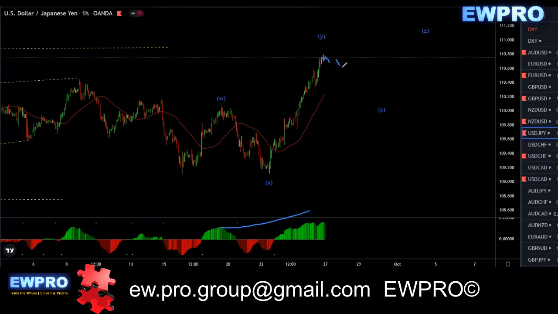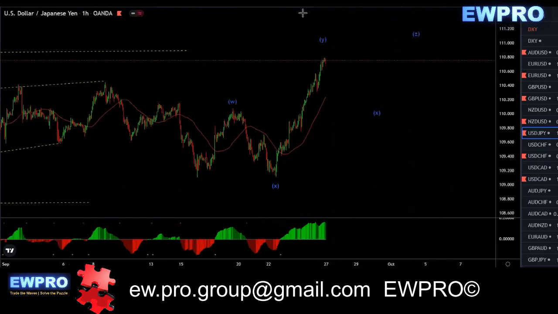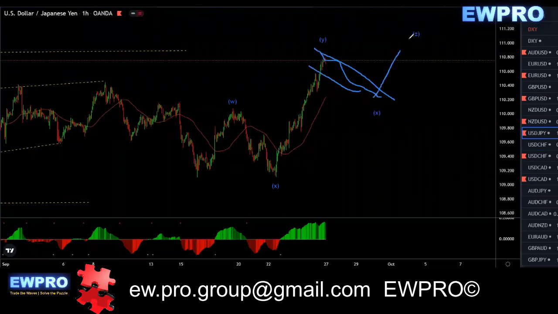So this can fall over. So I'd be more interested in looking for the sell. You can look for that buy if you do get a nice correction in here, and you can look for that sell like I showed if you get a little sell set up in here.